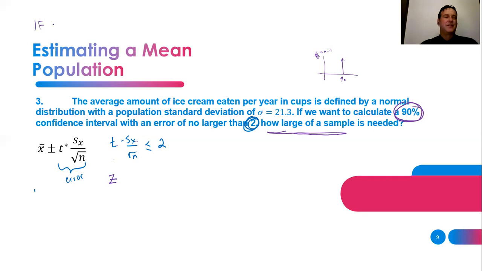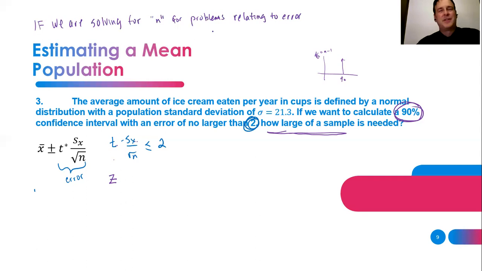For this section, if we are solving for n, for problems dealing with error, we have to use a z as opposed to a t, because we can't find the degrees of freedom. Degrees of freedom are unknown.